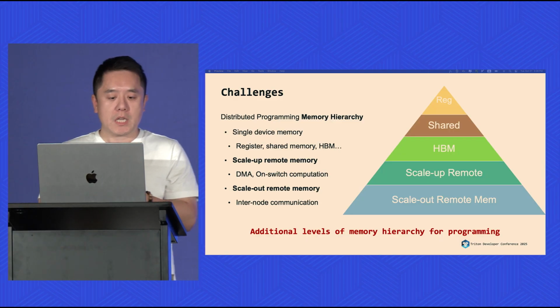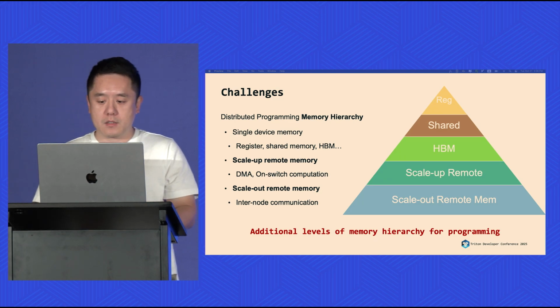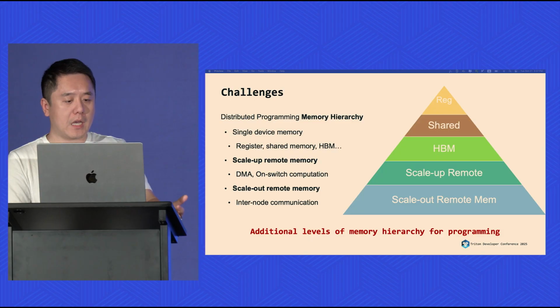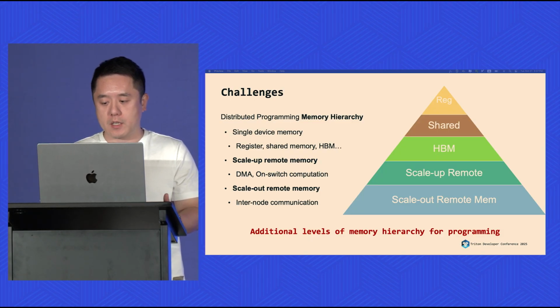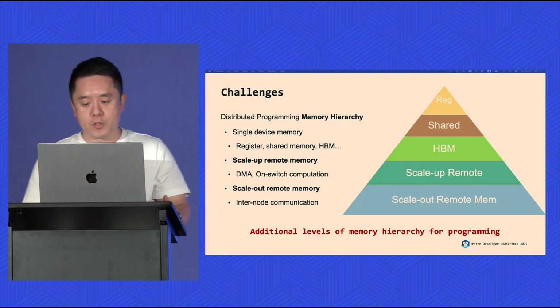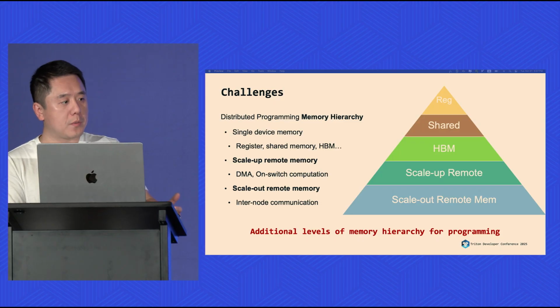The challenge for distributed programming is focused on the memory hierarchy. For a single device, we have the register, cache, shared memory, and HBM to program. And there are two additional memory hierarchies to program for distributed scenarios: scale-up and scale-out remote memory. For scale-up, users need to take care of the long latency of remote memory access and also the P2P data transfer between GPUs.